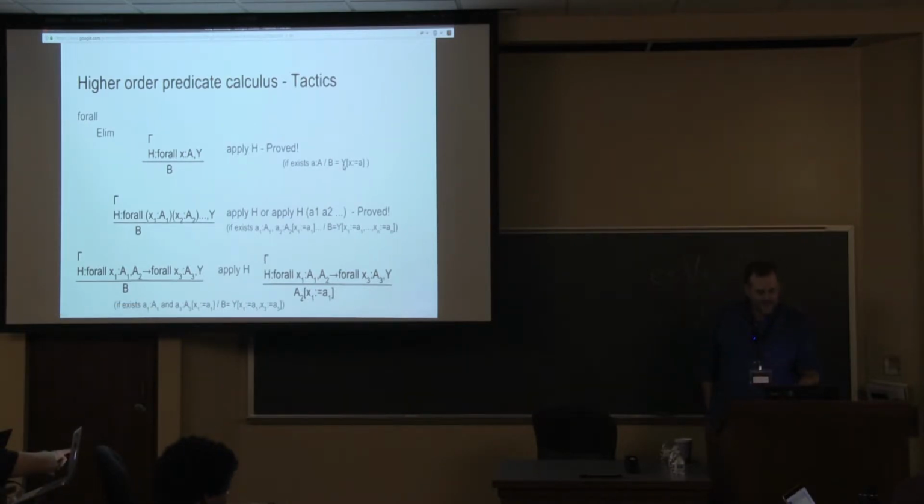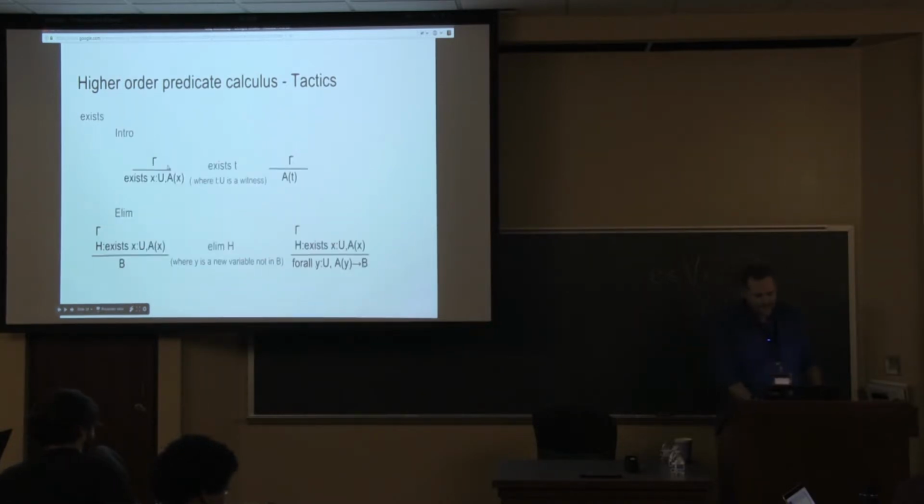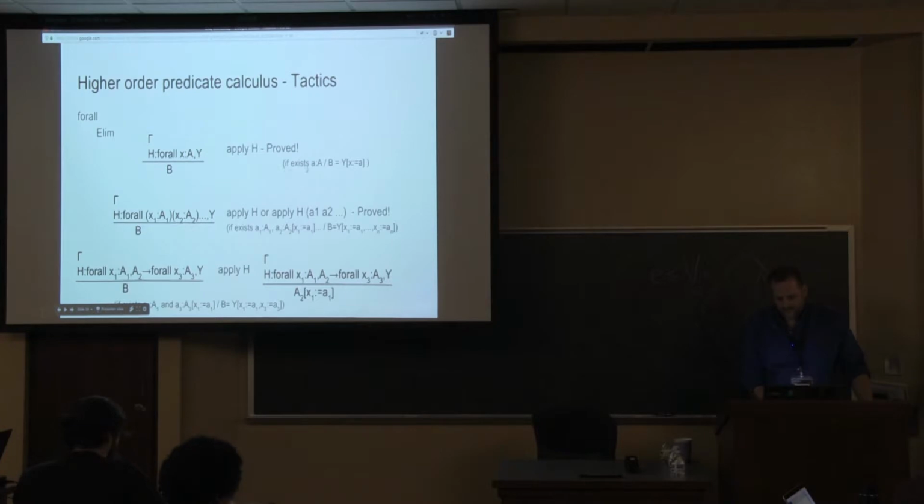That means if I replace in Y all the values with one A, basically it says B is a particular case of Y. This is a formal way to say it. And we can have many for alls, and I can apply them. It works similarly, but it's a little more complex.